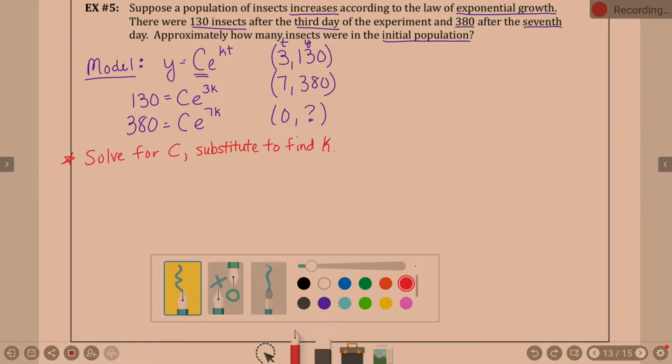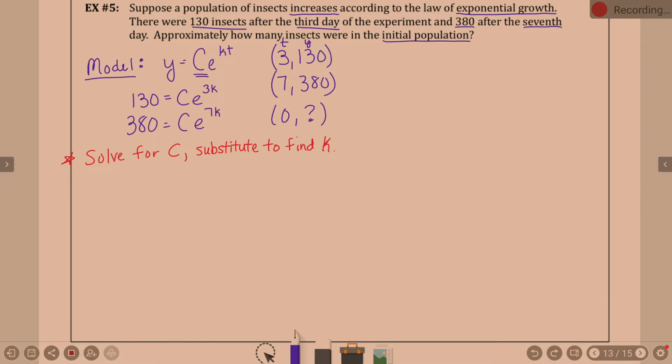Okay. That is the technique I was going to take you on. So, we solve one of these for C. I'm just going to take the first one. 130 equals C e to the 3k. What is that if we solve that for C? Okay. So C is 130 divided by e to the 3k.